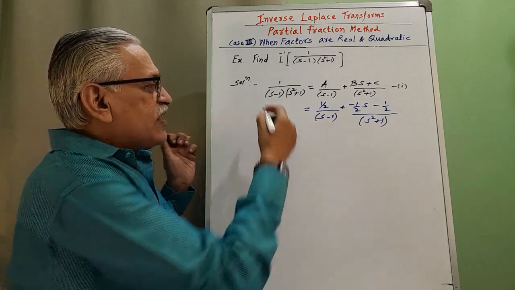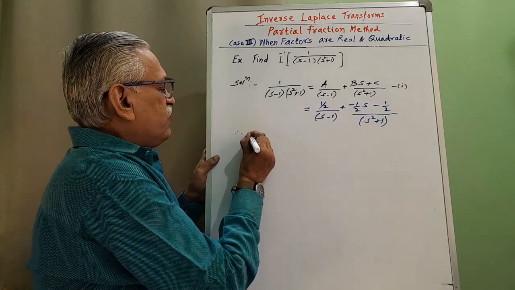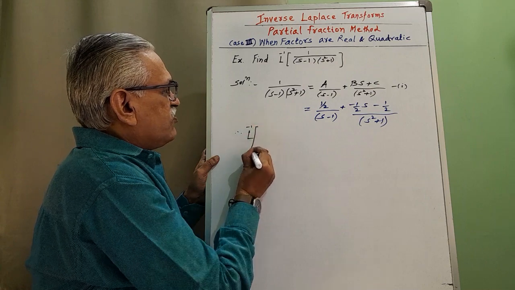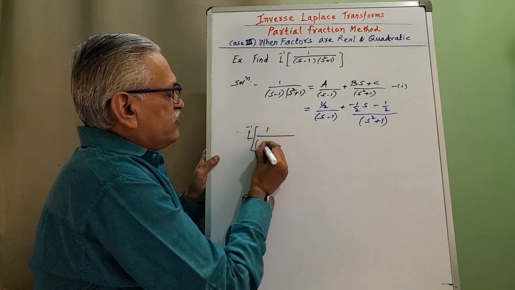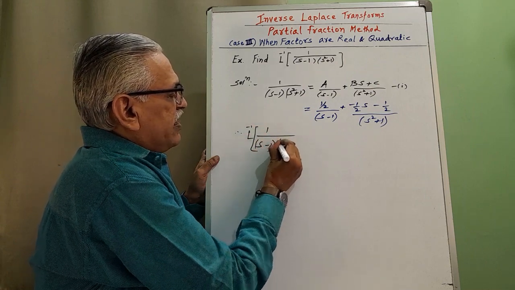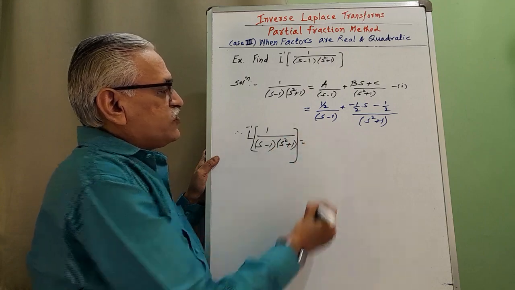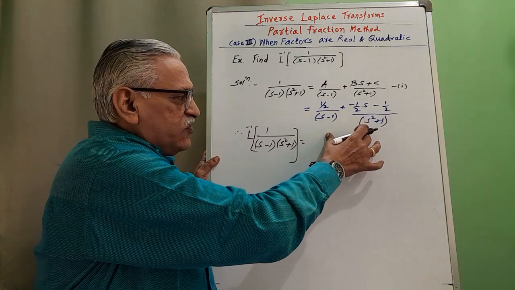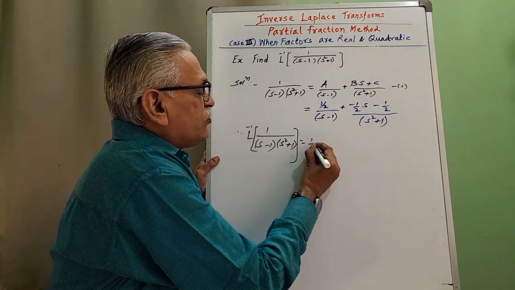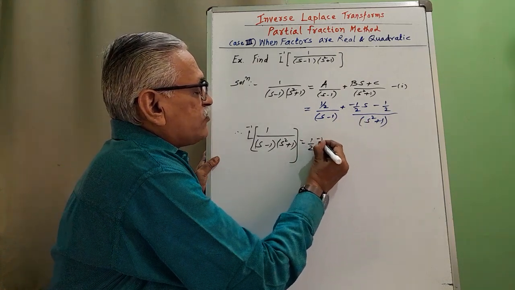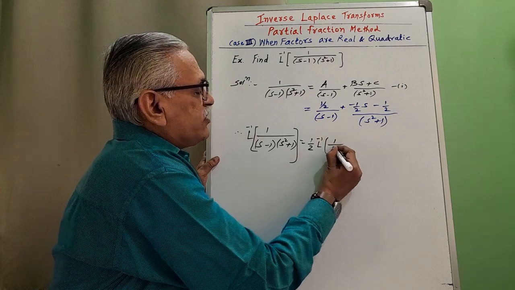And then taking inverse Laplace on both sides, we get inverse Laplace of 1 upon (s minus 1) into (s square plus 1) is equal to, taking individual inverses, 1 by 2 constant term outside, inverse Laplace of 1 upon s minus 1.